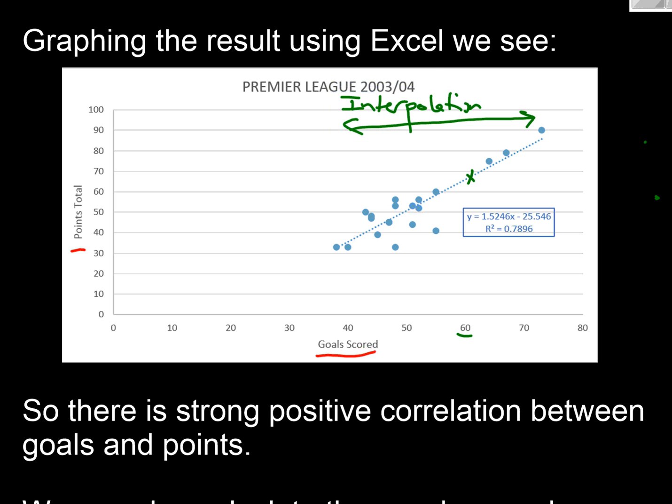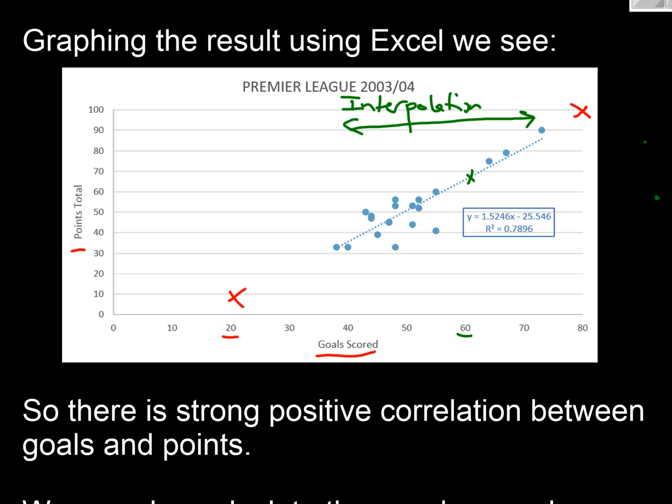Okay, now we could also go to a more extreme, and we might want to predict how many points we get if we only scored 20 goals. Well, if we dotted the line on, we'd probably be somewhere around here, wouldn't we? Somewhere between 5 and 10 points for only scoring 20 goals. And if we had scored 80 goals, we'd probably be somewhere up around 100 points, wouldn't we?